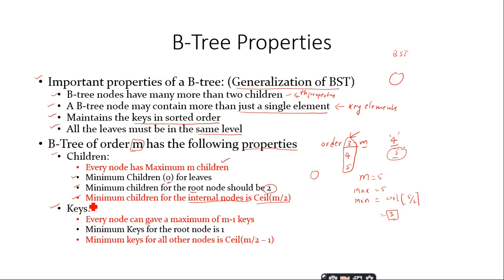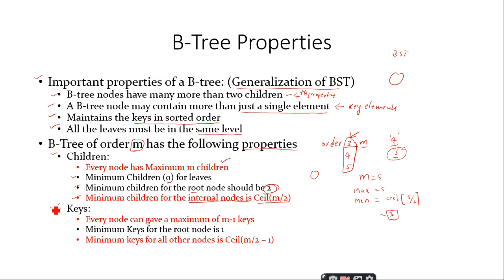But this particular property which I have marked in red ink, the minimum children for internal nodes, is applied to all the internal nodes except the root node. So even though the root node is considered an internal node, it has some relaxation: the minimum children for the root should be 2. Is it clear? Yes, sir.